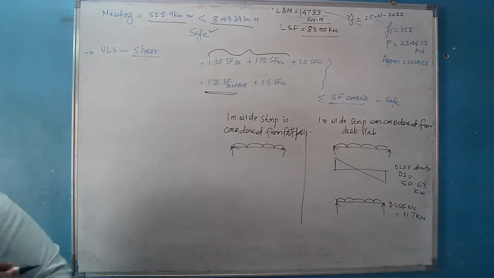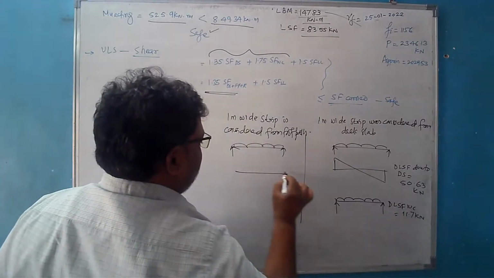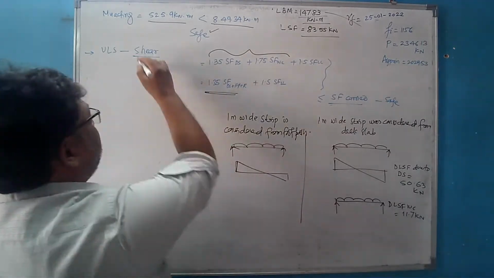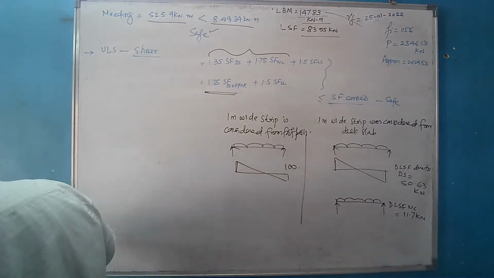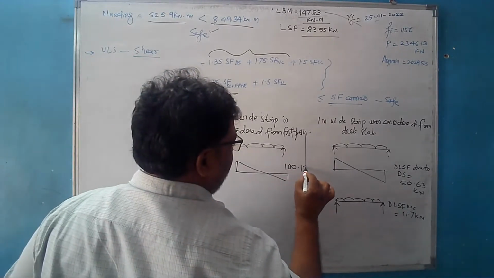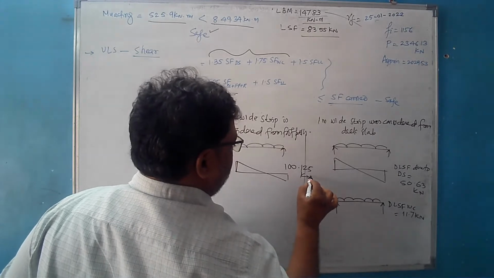It is 100.125. So here the shear force was, because now we are solving it for shear, so it is 100.125 kilonewton. Okay, agreed. This is this.